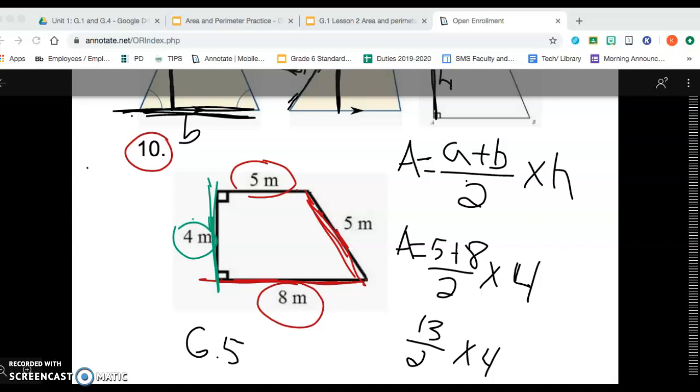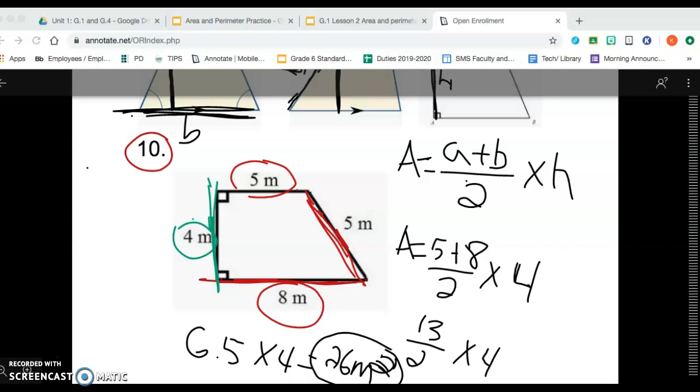Okay, and then we're going to do that times 4. I'm going to use my calculator and do 6.5 times 4, and you should get 26 meters. And remember, it is area, so we have to do squared. 26 meters squared.